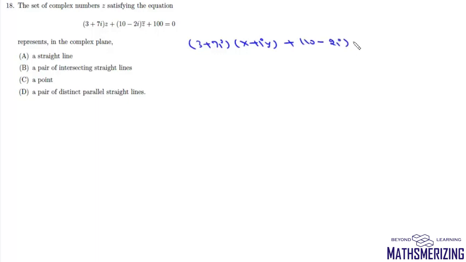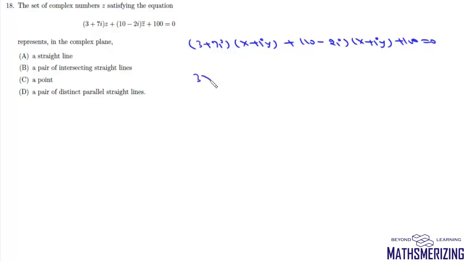Now question number 18 is: the set of complex numbers represented by the equation (3 + 7i)z + (10 − 2i)z̄ + 100 = 0 represents what? So we can write z as x + iy. We can write (3 + 7i)(x + iy) + (10 − 2i)(x − iy) + 100 = 0. Now we'll take the real part.